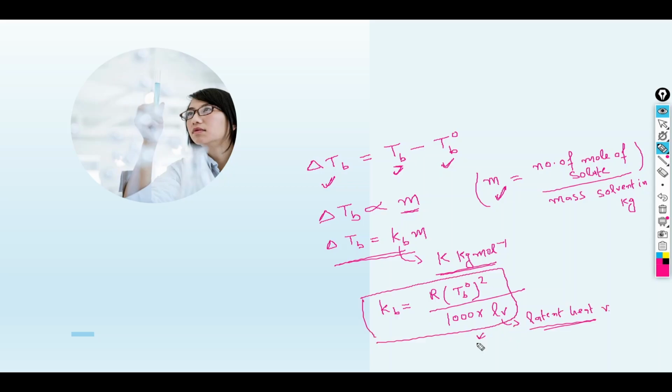Now similarly we'll have the depression in freezing point. If we add some solute to the pure solvent, then its freezing point will decrease. Suppose for pure solvent the freezing point is Tf naught, and for solution it is Tf. So what will be the change? Because it is depression in freezing point, it is initial minus final.